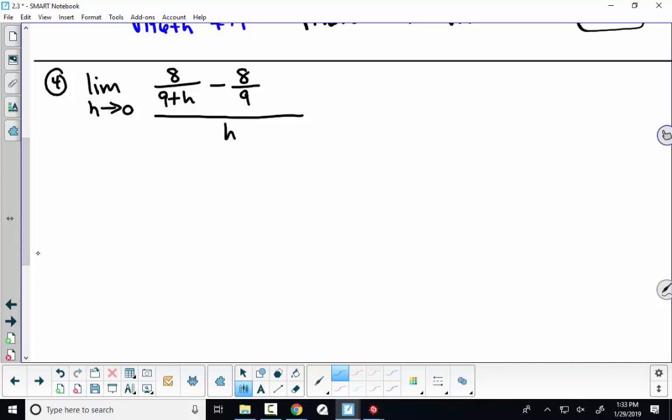What's the algebraic method to simplify a function like that? Multiply by 1 over 8? Okay, so multiply 8 over 9 plus h times 9 over 9, minus 8 over 9 times 9 plus h over 9 plus h, so that the denominators of the top get the same denominator.